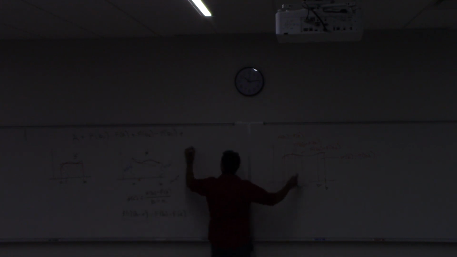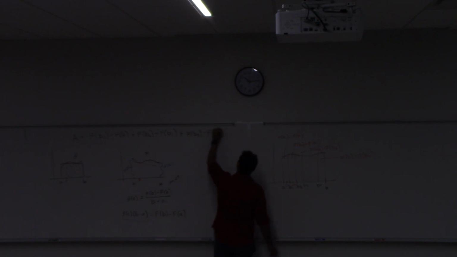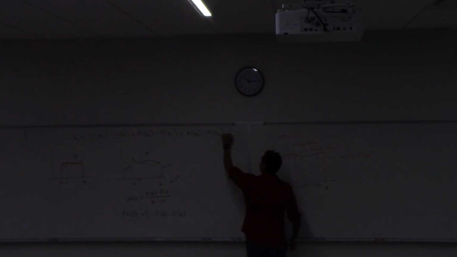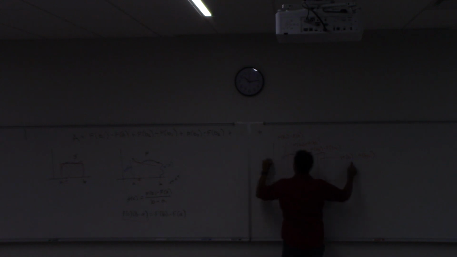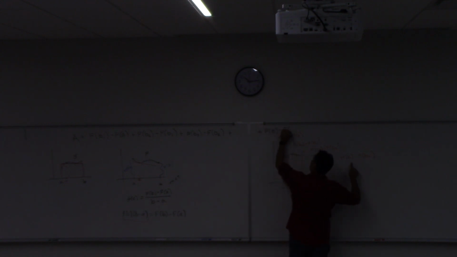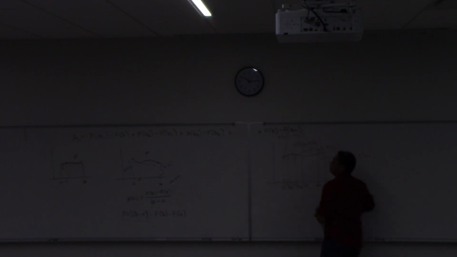Plus, now the next one, capital F of B sub 3 minus capital F of B sub 2, yes? Plus, and now I keep doing this, dot, dot, dot, plus, and then I get to the very last one, capital F of B minus capital F of B sub n.